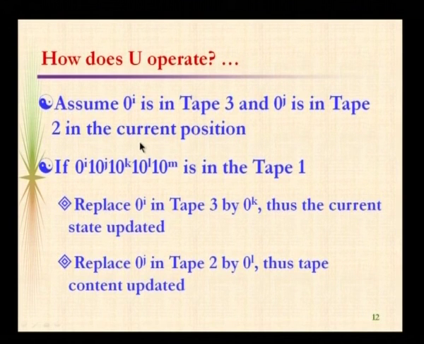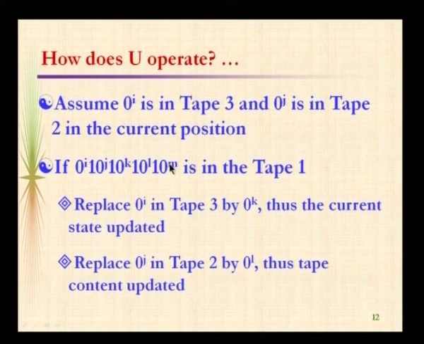What it means is, go to the third tape, replace this 0 power i by 0 power k, since it is going to be the resulting state, and then go to the second tape, replace this 0 power j by 0 power l, and we would resume this processing by executing the direction called m.